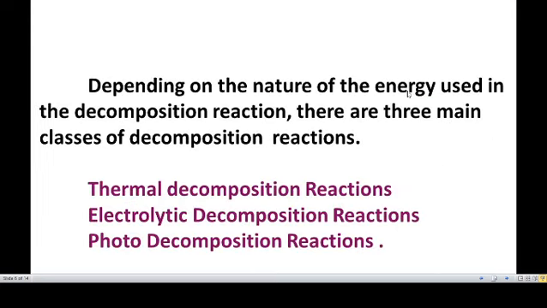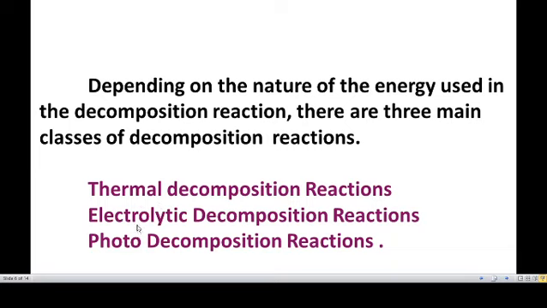This is an important point. Depending on the nature of the energy used in the decomposition reaction, there are three main classes of decomposition reactions. First, thermal decomposition reactions.